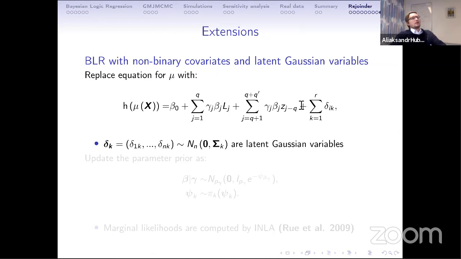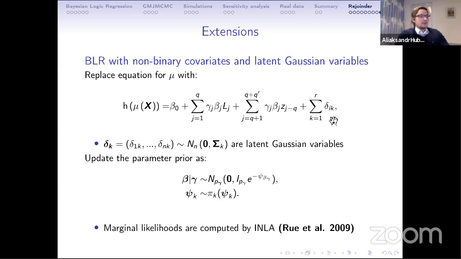Finally, the last extension that we suggested in the rejoinder was allowing for Gaussian latent variables, where in addition to these non-binary variables, one introduces latent Gaussian variables, deltas, which take care of spatial or temporal relations between our responses y, and allow us to generalize the model and account for correlations between the observations.